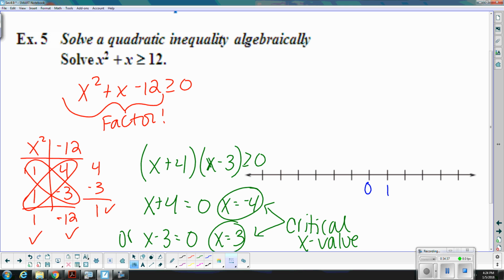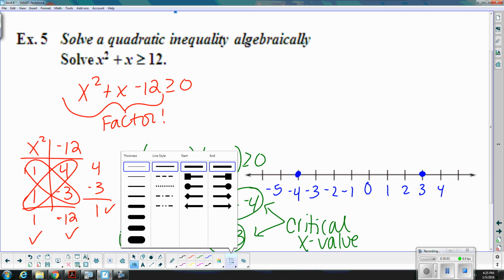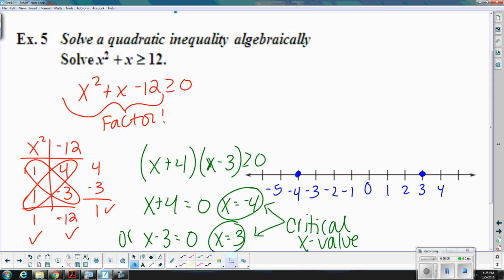So on our number line, 0, 1, 2, 3, 4, -1, -2. We'll go to -5. Okay, so here's one x value. Here's another x value. Now to solve algebraically, I want to pick a number in each of these sections.